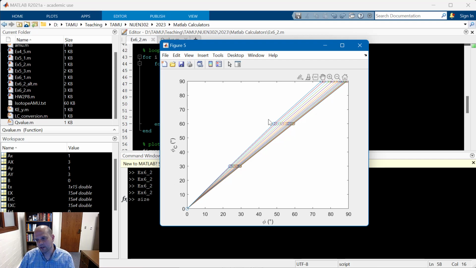So this is a little bit misleading of a plot, but for any fixed value of my emission angle in the center of mass reference frame, I can get a range of actual emission angles in the lab reference frame as a function of that projectile kinetic energy.